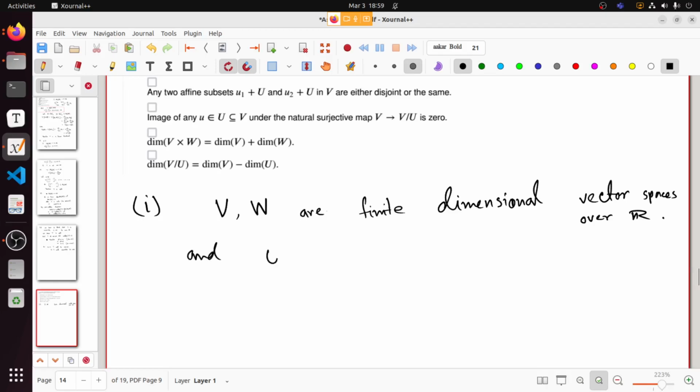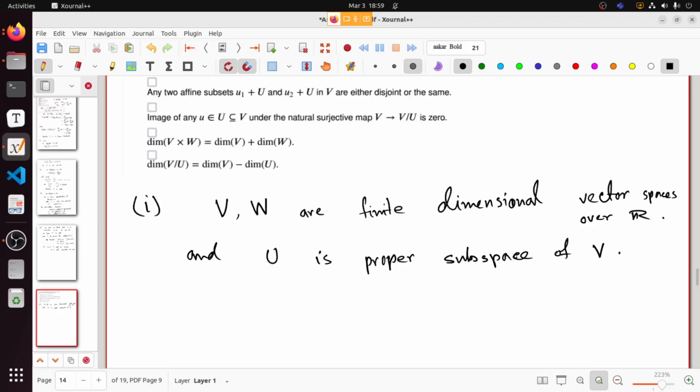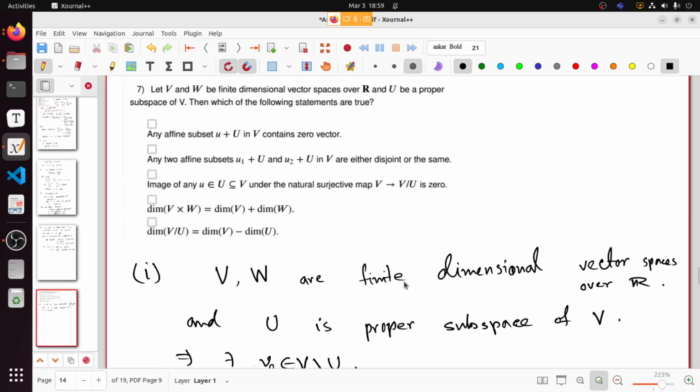U is a proper subspace of V, which means there is an element in V which does not belong to U, which implies there is some, let's say, v naught in V minus U, right? So this means U is not the entire space. There are elements in V which are outside U.